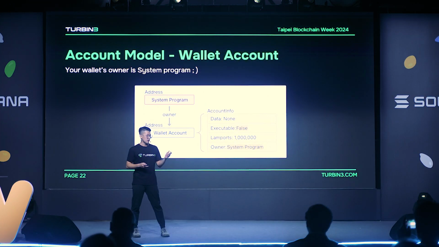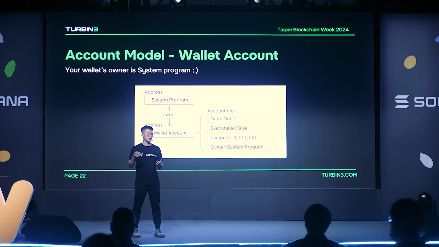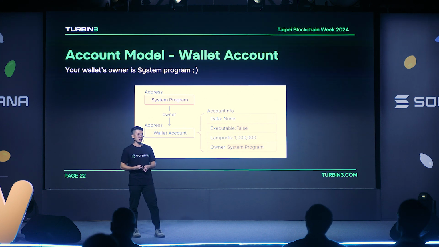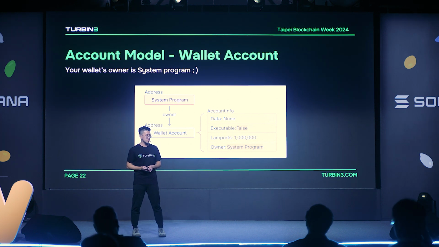And also the executable field will be set to false, and there's no data right there. But if you transfer some SOL to your account, like you withdraw some SOL on-chain from a CEX to your on-chain address, the lamports number will be changed.